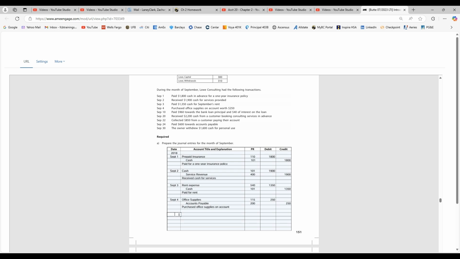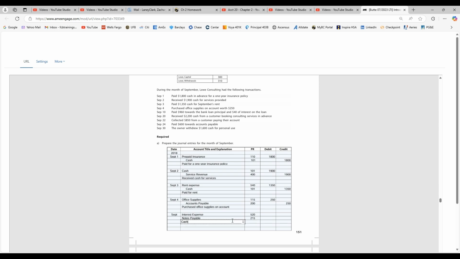So in this problem, we have interest expense as a portion, which is account number 520. We've got notes payable, which is our associated liability that we're basically paying down, and that is account number 215.